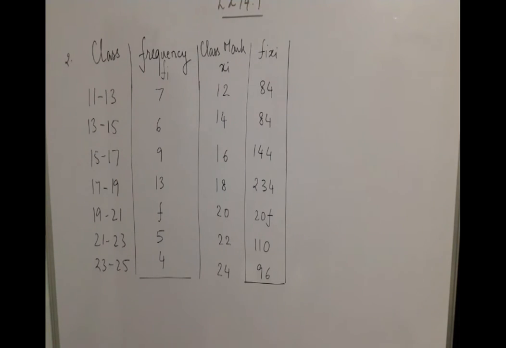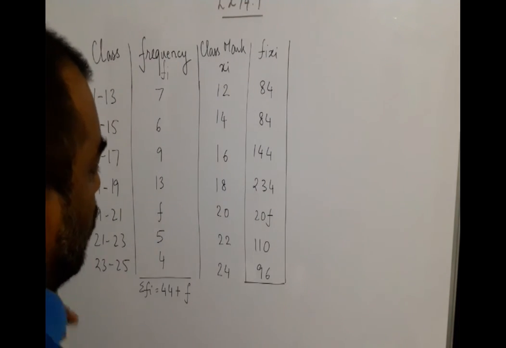How will you find out sigma fi? We have 7 plus 6 plus 9 plus 13 plus 5 plus 4. So we have 44 and we have got this f. So sigma fi is 44 plus f. In the same way, find out sigma fixi: 84 plus 84 plus 144 plus 234 plus 110 plus 96 is 752, and 752 plus 20f.